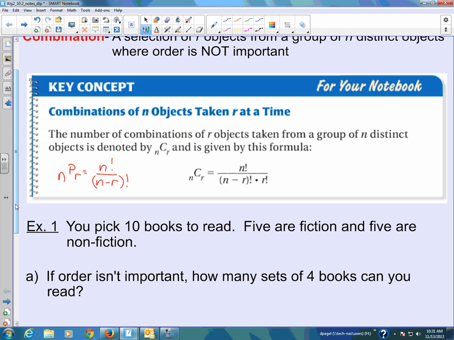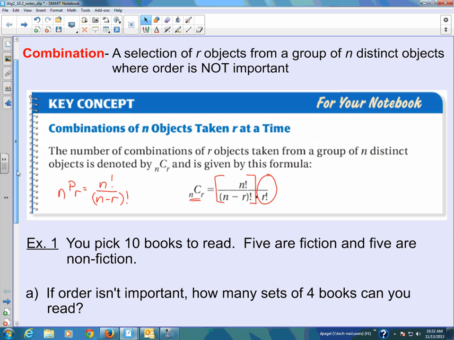All we've done with a combination is we've used the permutation and multiplied it by 1 over r factorial. So there's the difference between the two. Similarly, n represents the larger group that we pull from, and r is the specific number of objects that we're trying to yank out of that larger group.